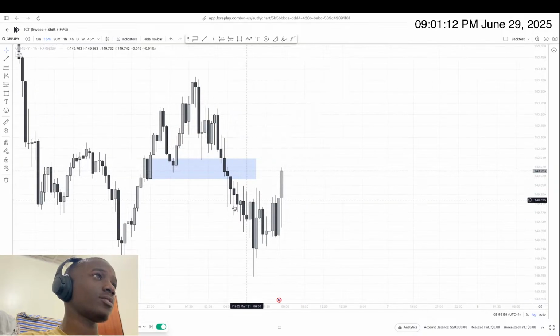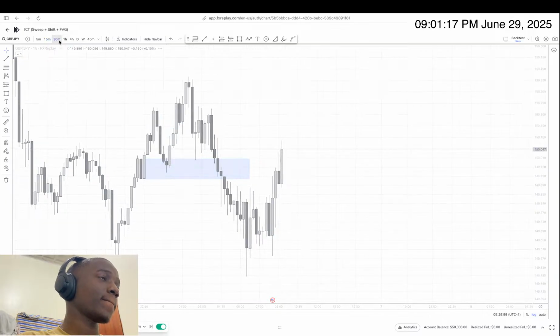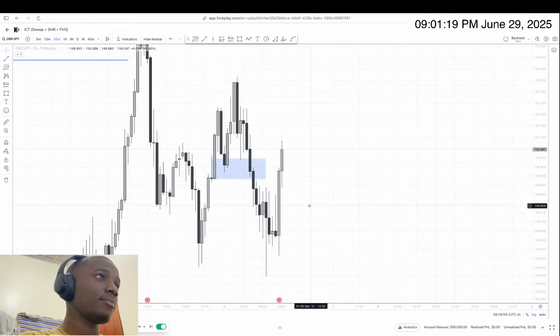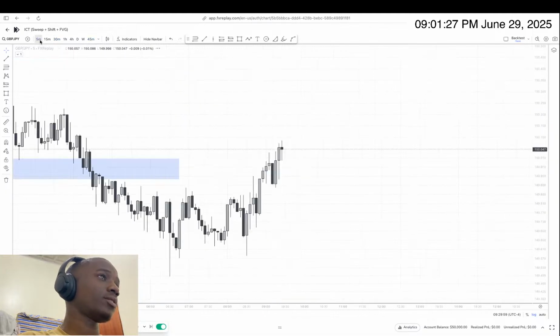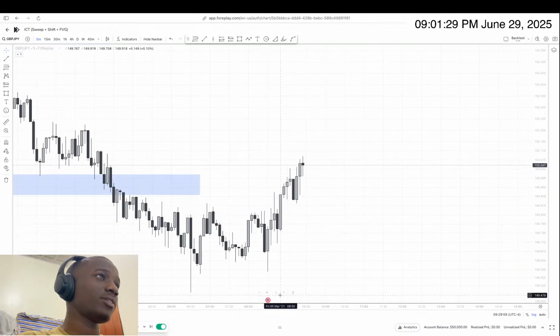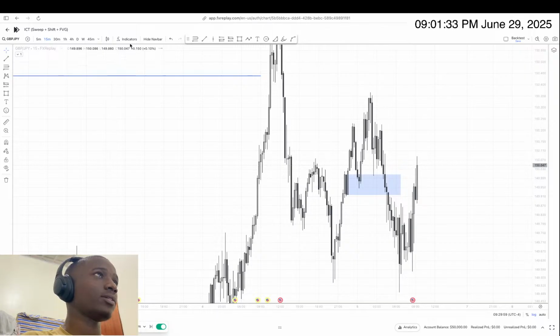You can see this is the recent high. 30-minute has a really nice fair value gap. 45-minute is looking really bullish. The 5-minute didn't provide any strong fair value gap retracement, but I'd like to mark this sweep.